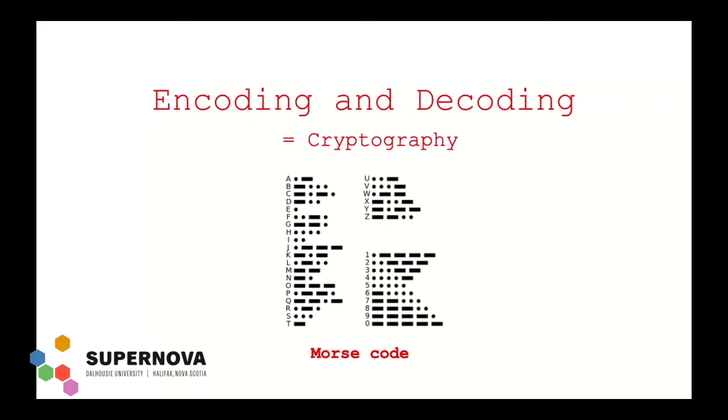Morse code is a type of cipher, which is the way that you translate letters into code. Morse code's not a super secret one, because the idea was that everyone knew how to translate Morse code, but you're still translating normal letters into a series of dots and dashes, which is encoding. And then once the person who receives it hears it, they can turn the dots and dashes back into letters, and that's decoding.